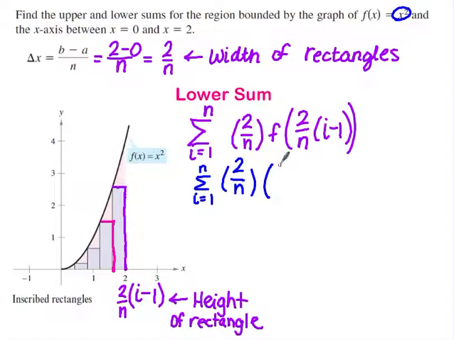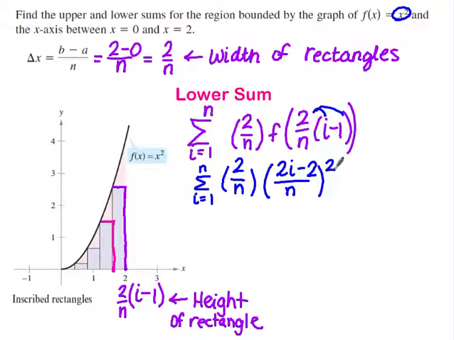So what that means is that I've got 2. I'm going to go ahead and distribute that 2 to each of these. So 2i minus 2 over n. And I'm going to square that because I'm putting it into the function. Now if that had been like x cubed, you would have had 2i minus 2 over n cubed.